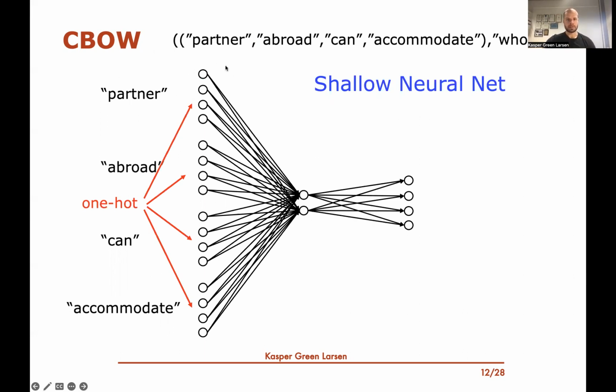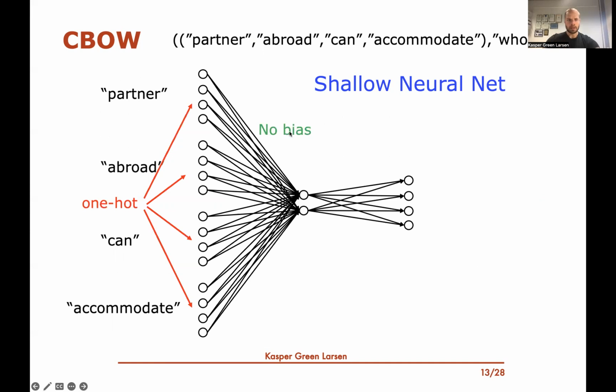So basically here, each and every one of these groups has one neuron for every word in the dictionary that we collected. And so we're just going to one-hot encode the representation of these 4 words: a one-hot encoding of partner, one-hot encoding of abroad, can, and accommodate, and we're going to feed it into these neurons in the input layer here. Okay.